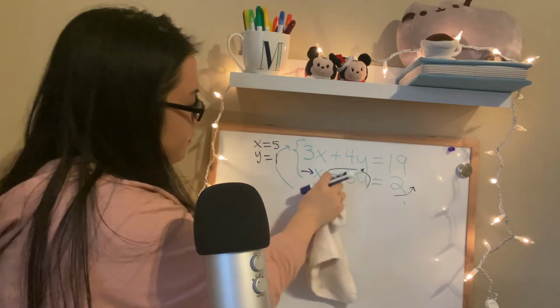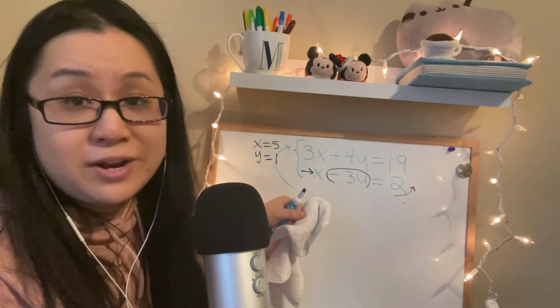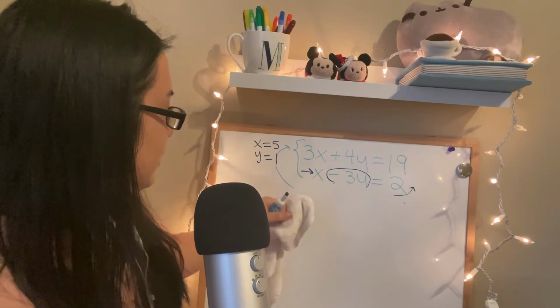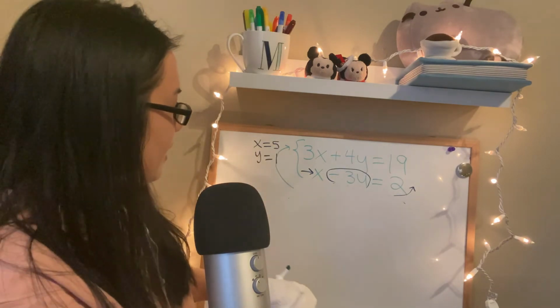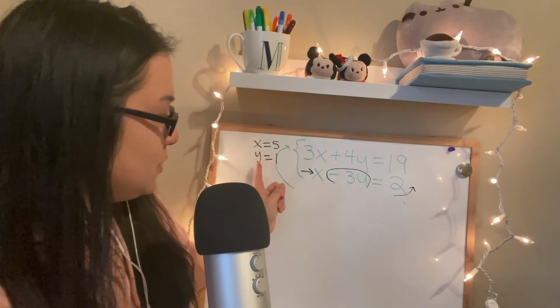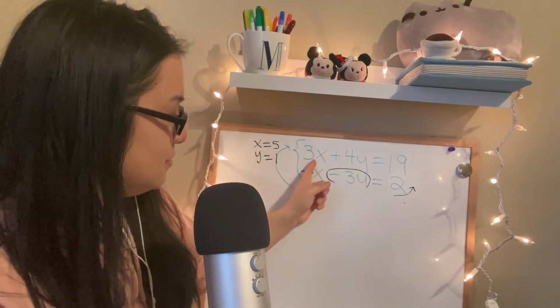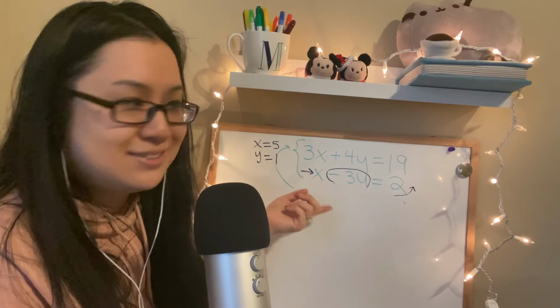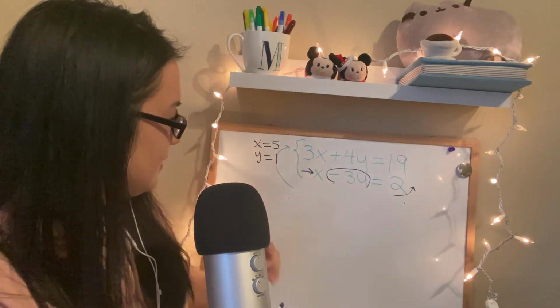Let's write out how to check, and be clear with which one's x and which one's y. Just because we solved for y first doesn't mean that it's x, right? y is still y, x is still x.